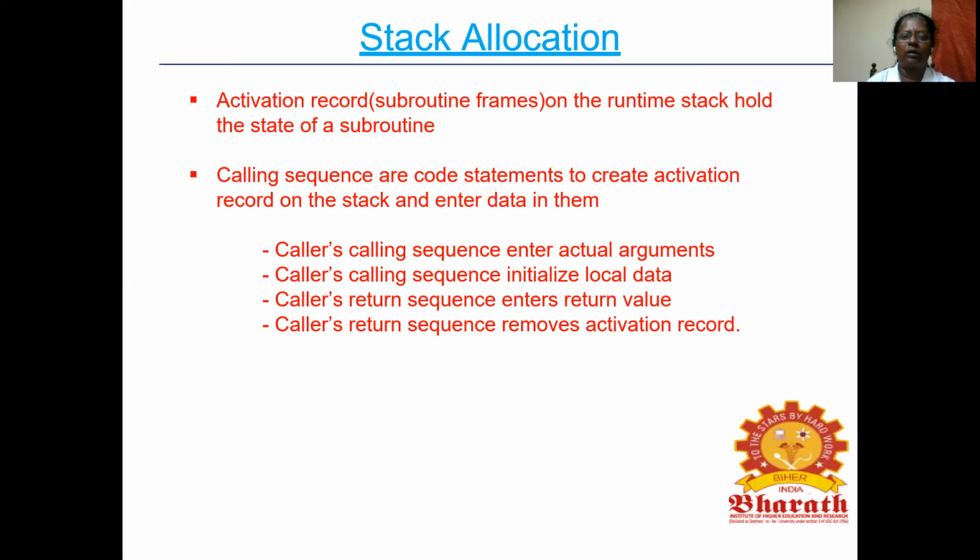In the program we call a function. When a particular function is called, it will create an activation record and enter data, the values we are using in that function. That sequence is used by the calling sequence.